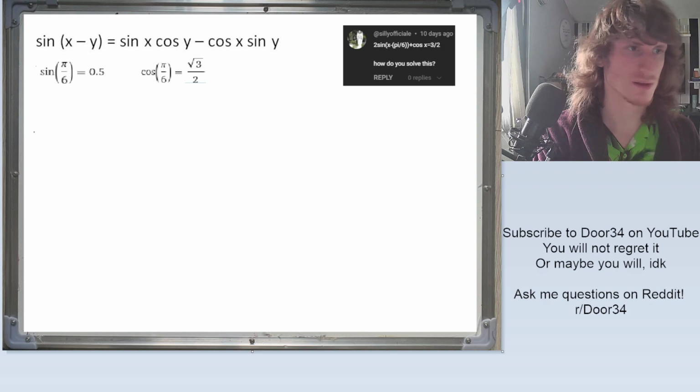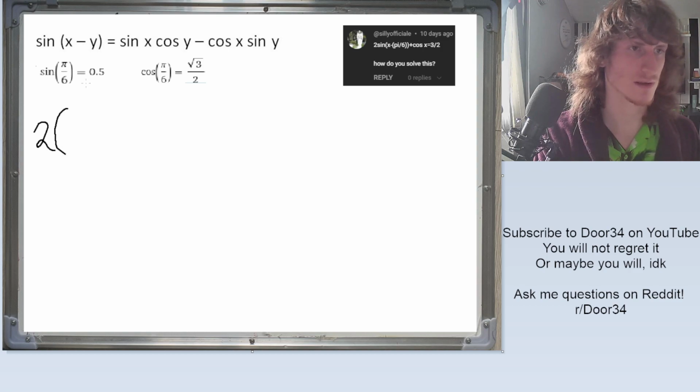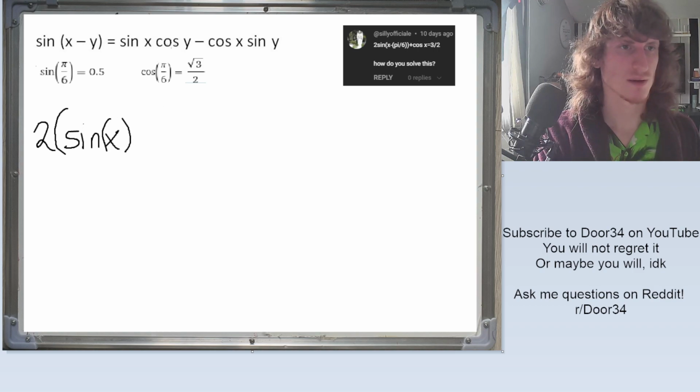So, 2, and then we're just going to substitute in our formula here. So we've got sine of x minus pi on 6, so we're going to get 2 times, this is going to become the sine of x times the cosine of y.